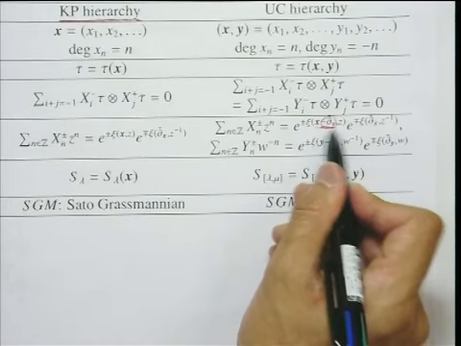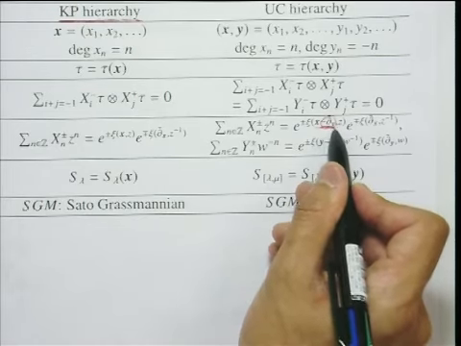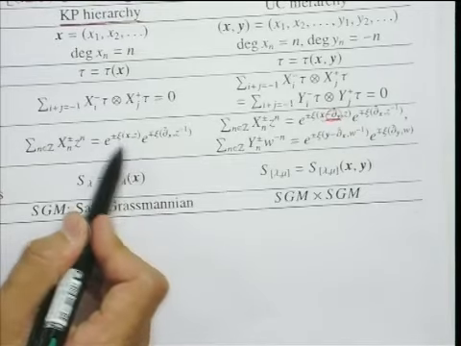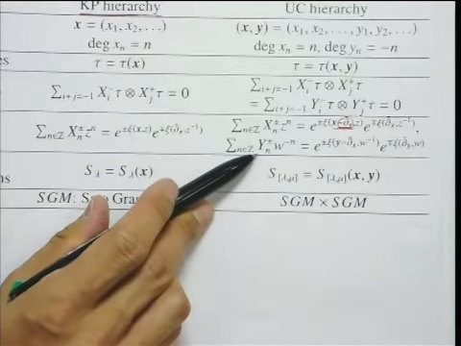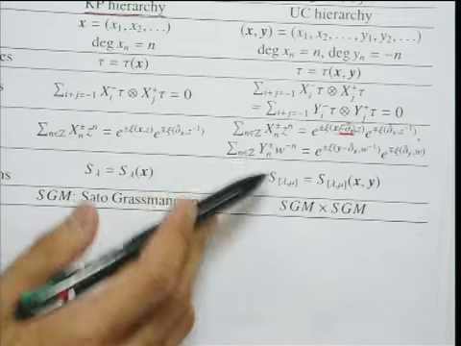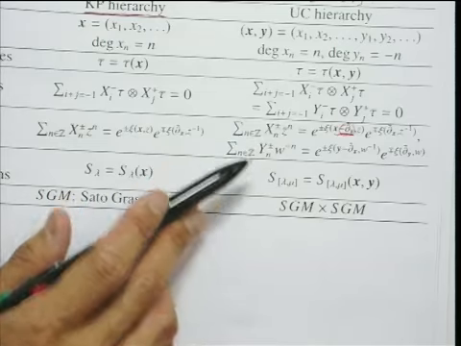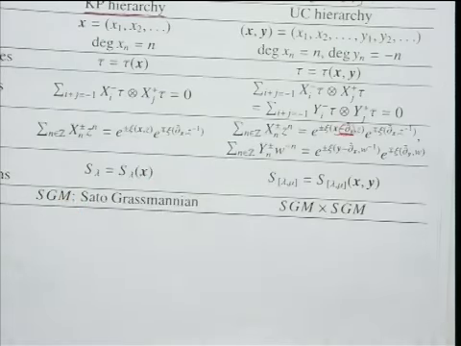This is the only difference of the UC hierarchy from the KP hierarchy. And also the large Y is just the same thing as X, replacing the x variables and y variables with each other. So this is the definition of the UC hierarchy.